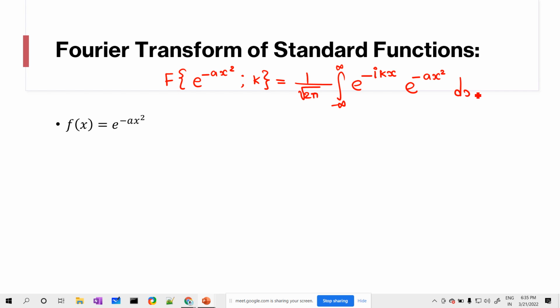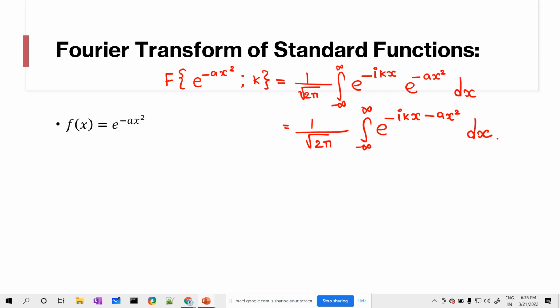So we need to calculate this. I can write this as 1 upon root 2 pi, integrating minus infinity to infinity, e raised to minus ikx minus ax square, dx. Okay, so now I need to find the integration of this.